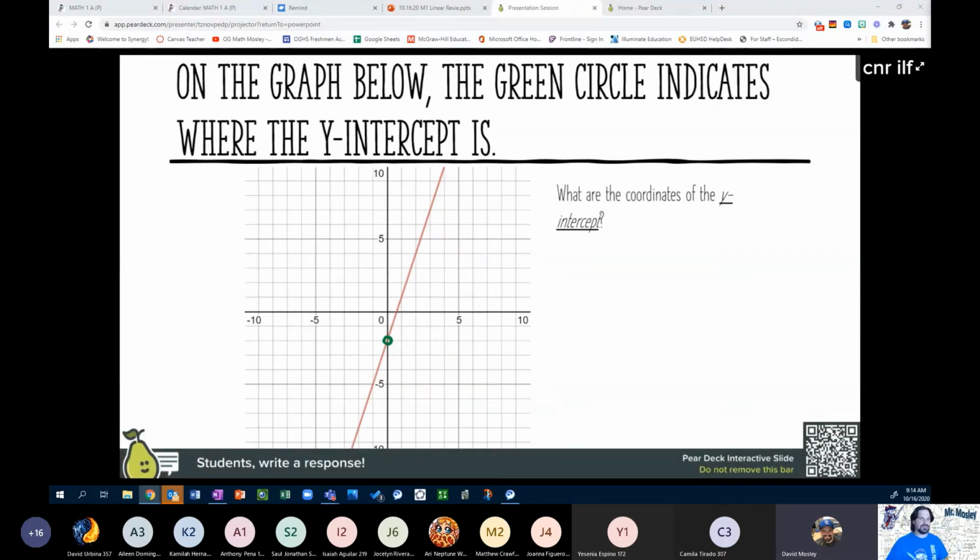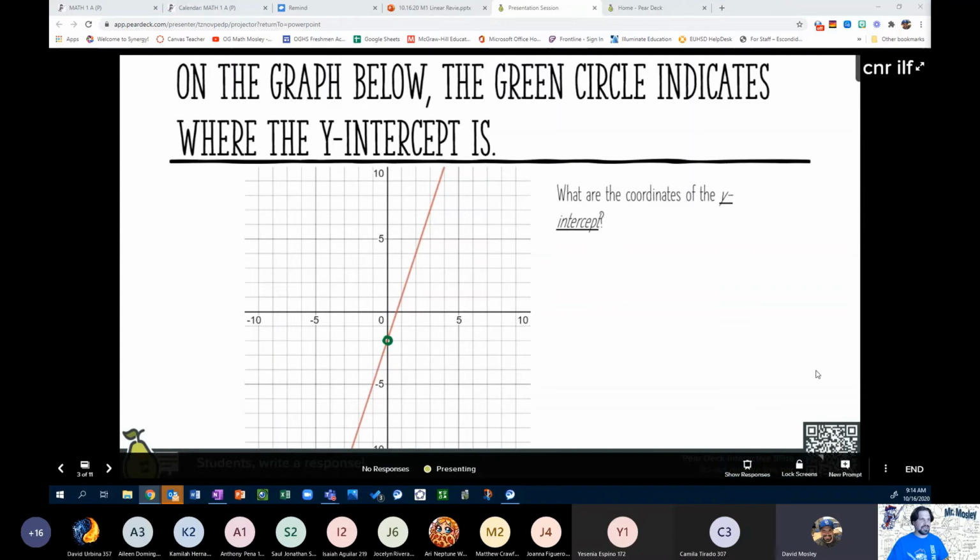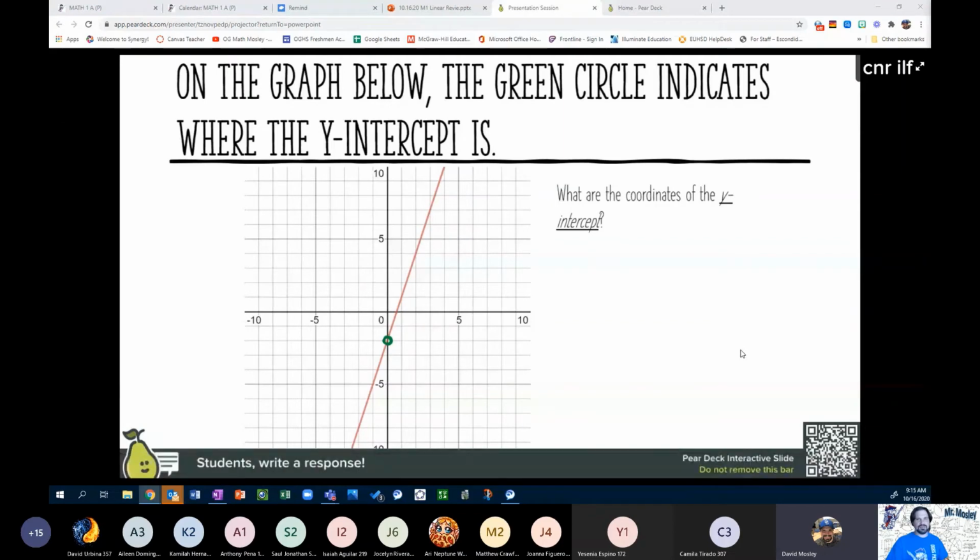So there you go. There's a freebie there. If you guys are listening and paying attention, I already told you what the coordinates of the y-intercept are. Please be sure that your response is written as a coordinate, so it should be inside parentheses.